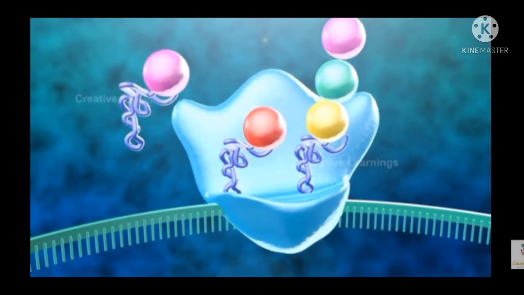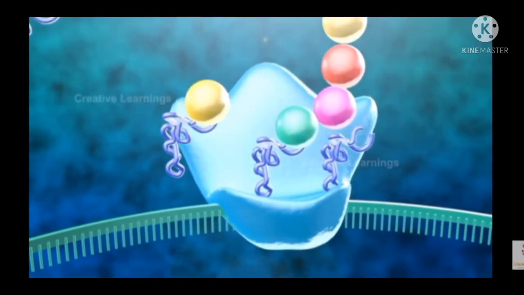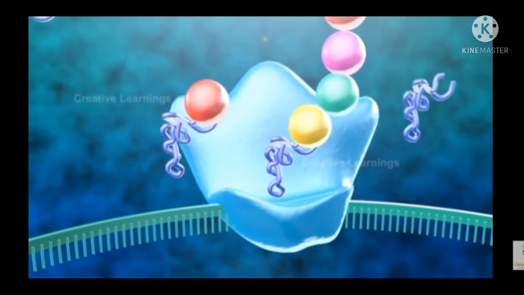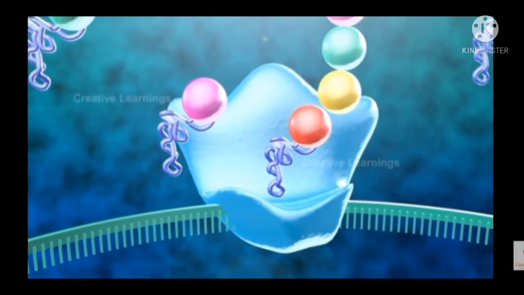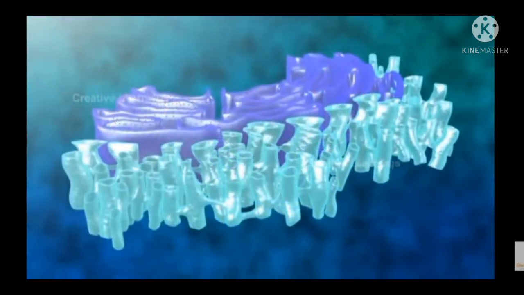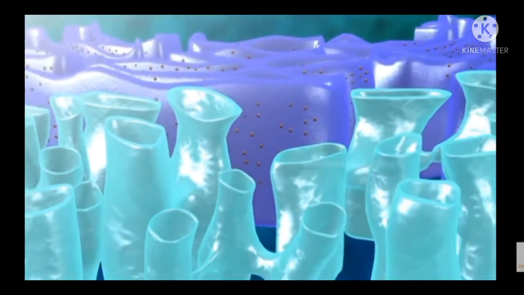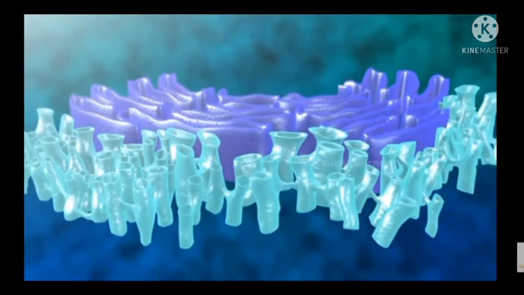They are known as the protein factories of the cell as they carry out protein synthesis. Ribosomes may be free or attached to the endoplasmic reticulum. Endoplasmic reticulum forms an interconnected network of tubules and vesicles and functions to transport proteins throughout the cell.